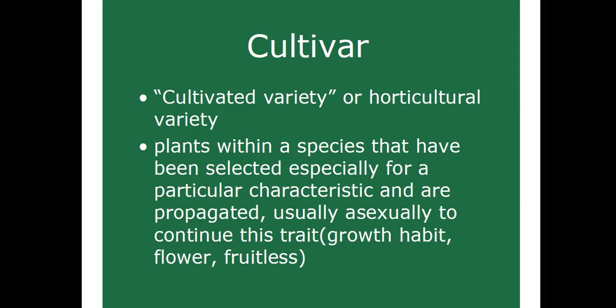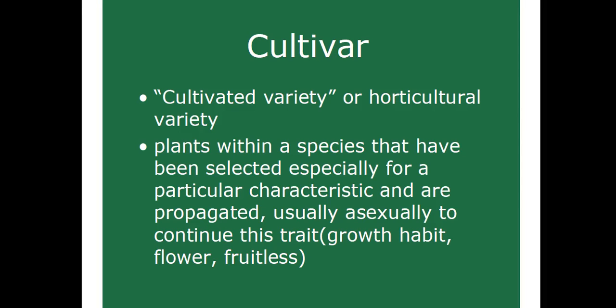Plants within a species that have been selected especially for particular characteristics and are propagated for that trait. Usually the way that these plants are propagated is asexually. They are clones of one another.